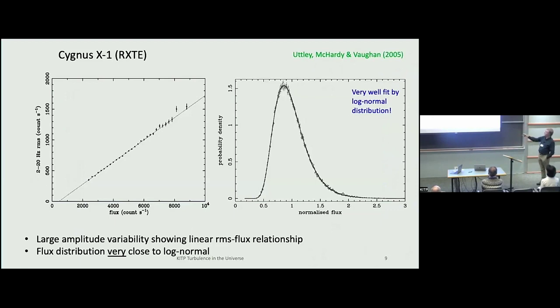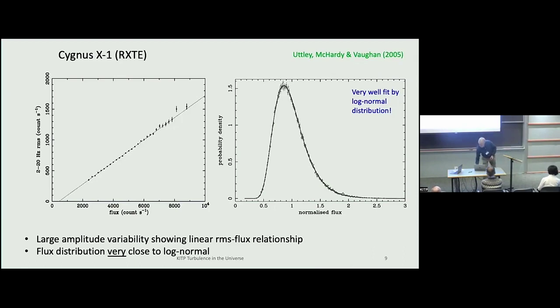So the PDF of that light curve can be fit by beautiful log normals. So something's going on there. Hand in glove with that, there's a strong RMS flux relationship. The typical RMS variability is small when the system is faint, and it's big when the system is bright. So that's this linear RMS flux relationship. A lot of this has been attributed to Phil Uttley, who's done a huge amount of work on this.